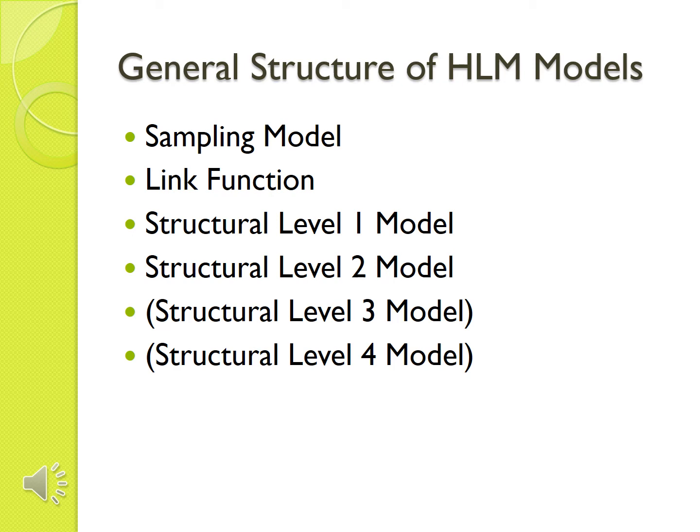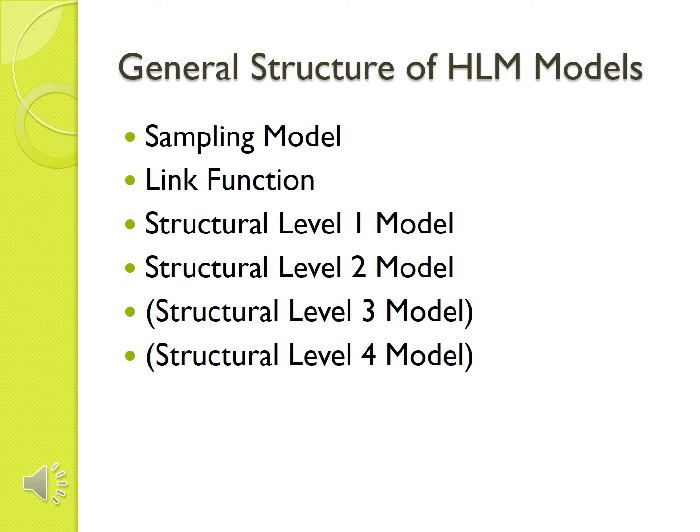And then we have what we call the structural level models, and those are the predictor models, and they are identical across all models. So on your right hand side, after you've identified your sampling model and your link function, everything looks the same.